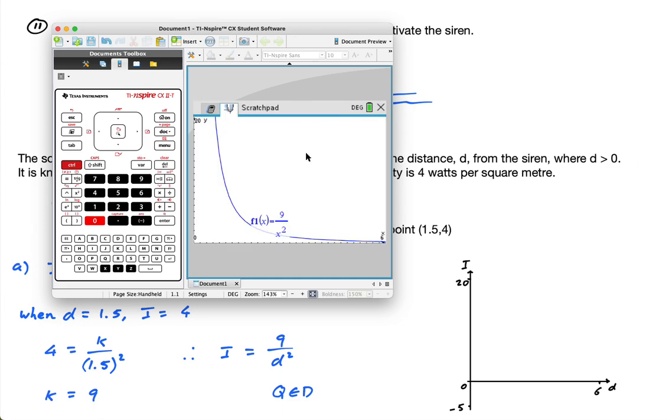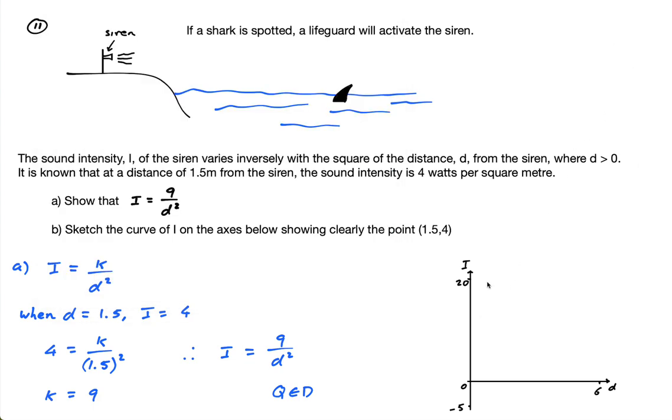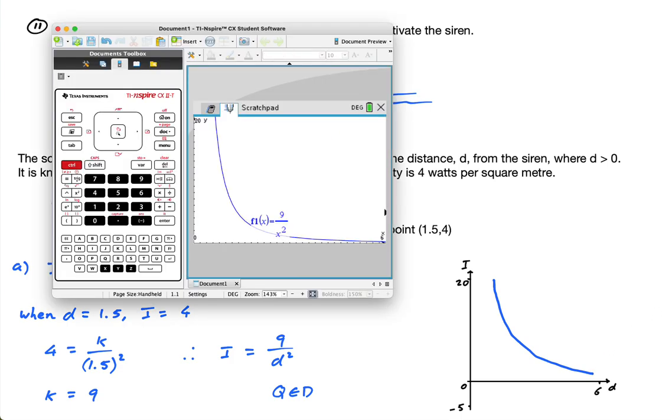So it looks something like this. Okay, I'm just going to go like this, something like that, fine. It doesn't have to be perfect, but I always struggle drawing graphs with this. As long as it looks something like this. Is that good enough?